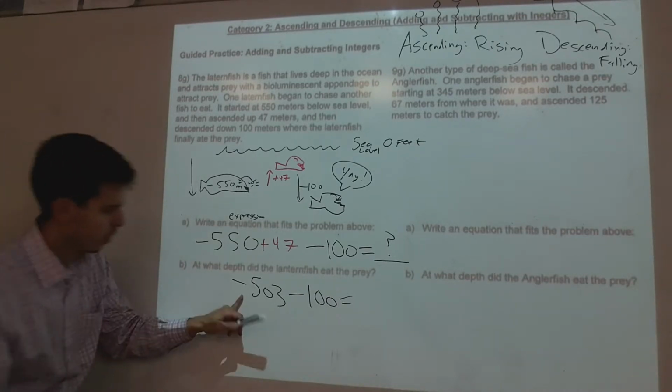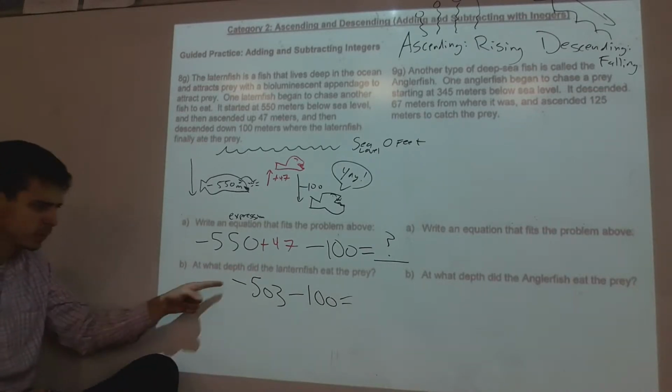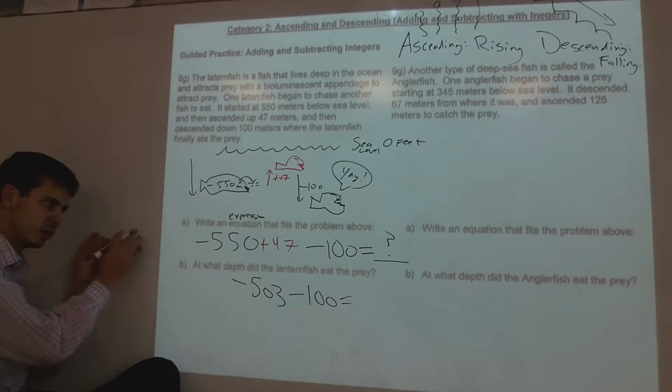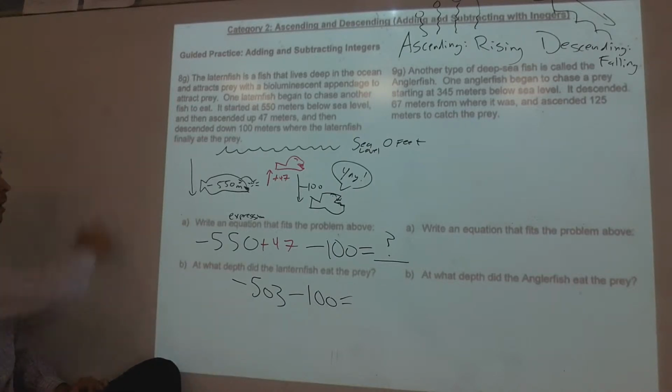Okay, so we're at negative 503 minus 100. Now before I do this, maybe I should have started with the negative 10 plus 2 before. But let me give you a similar problem. Let's do negative 4 minus 2. Here's 0. Here's negative 4. This is where we're starting.